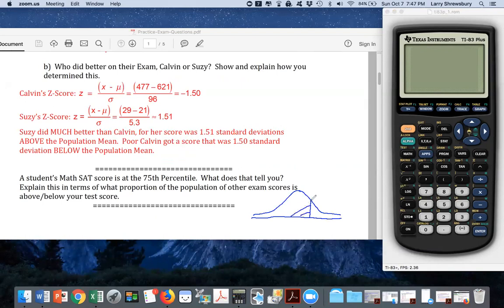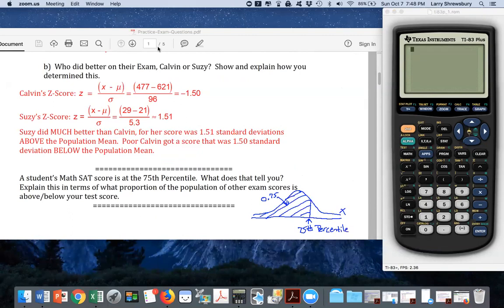So imagine that this area to the left is 75% of the population. This data value right here, that would be your 75th percentile. So it's a data value, a point on the number line, for your population of data values. So there's a picture that goes with what a percentile is. But you need to be able to say in words, it's the proportion of the population that is below, to the left.